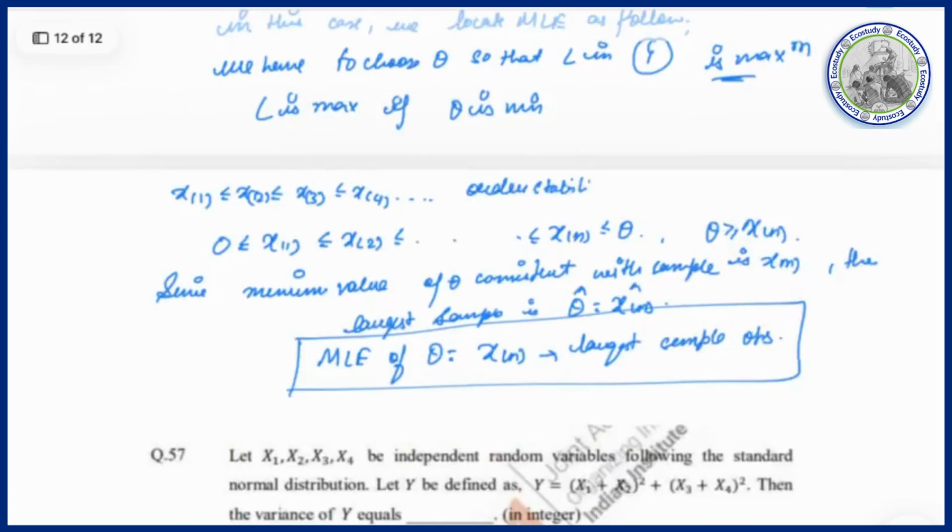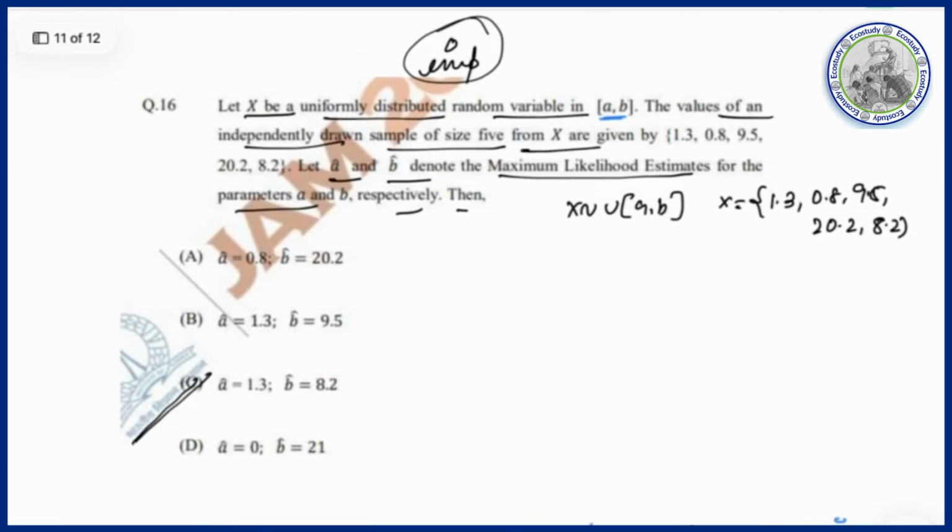Now the same concept we have to use here. So a is x1 and b is xn. Arrange this in order statistics.